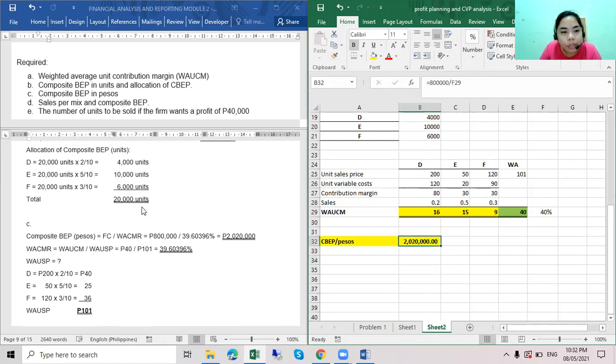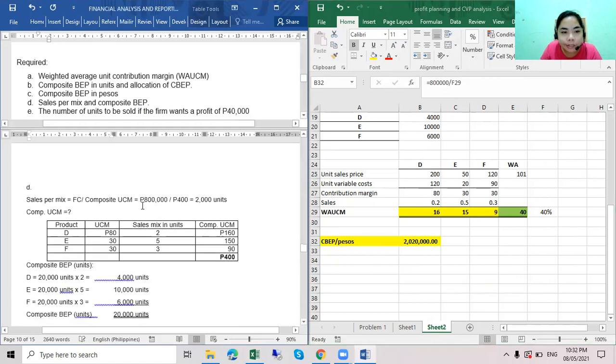Actually, gina-multiply naman lang ni siya sa percentages siya. Composite unit. Ginalantaw ko class kung paano pag siya ma-shortcut.